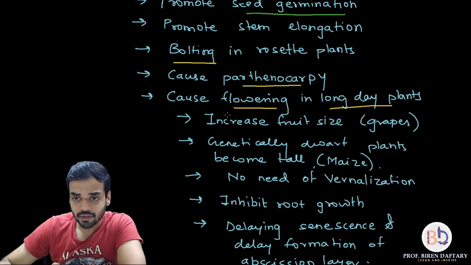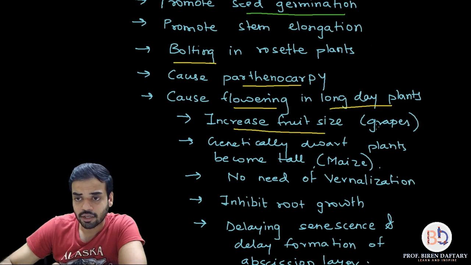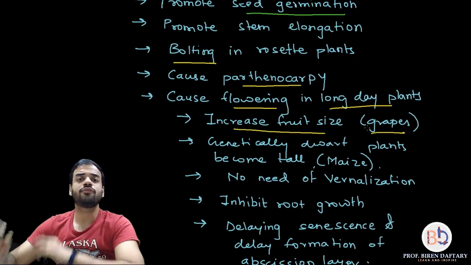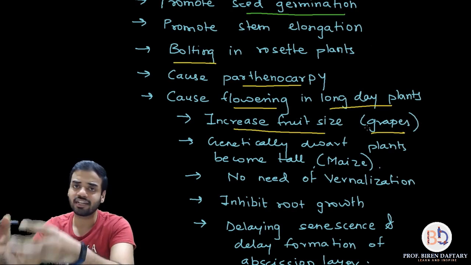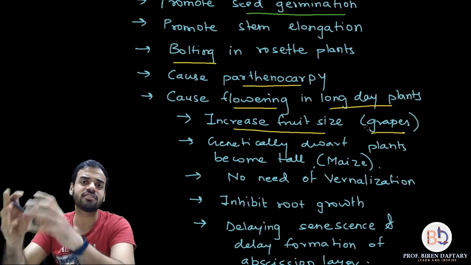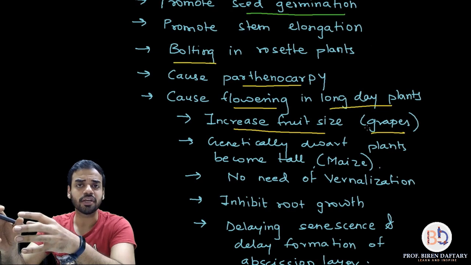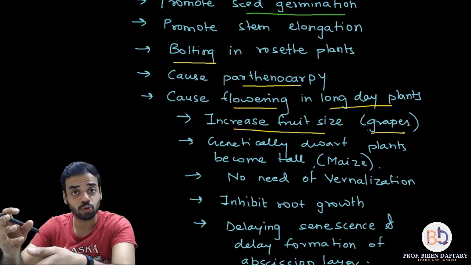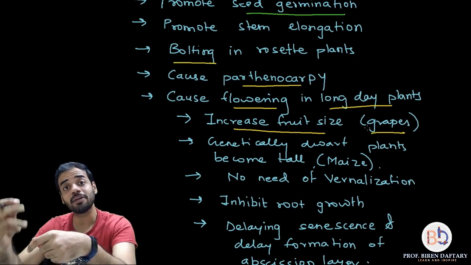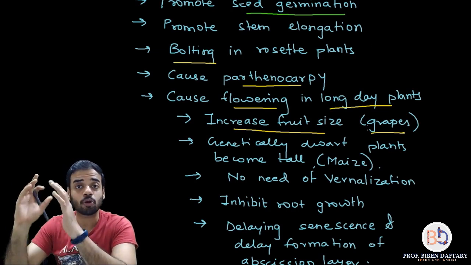Very important point. Next, genetically dwarf plants. I hope everybody knows genetically dwarf plants are the plants which have recessive genes. If you have a genetically dwarf plant and you add gibberellins to that plant, then it will become as tall as a proper tall plant.